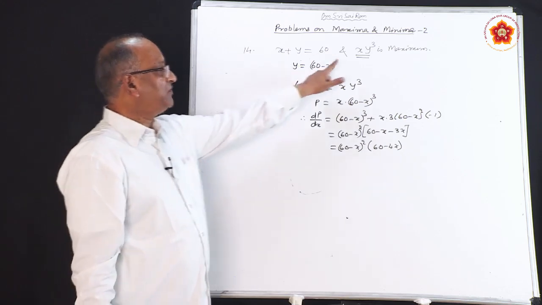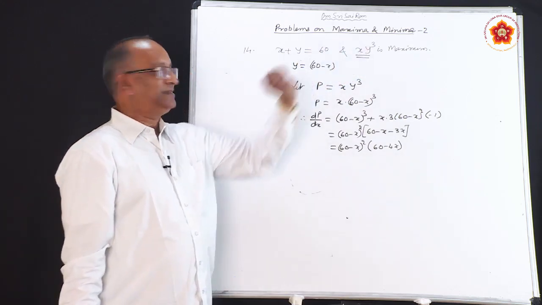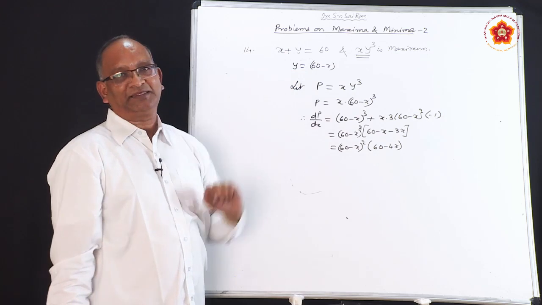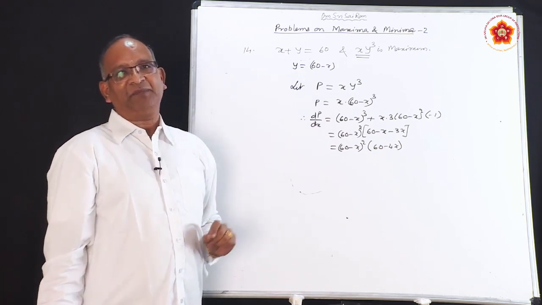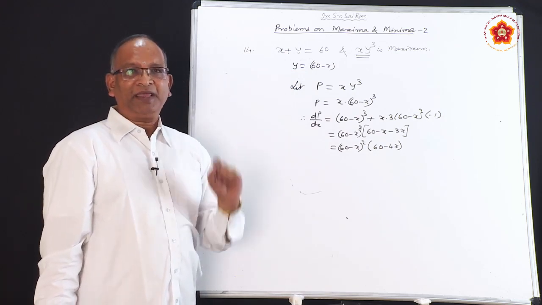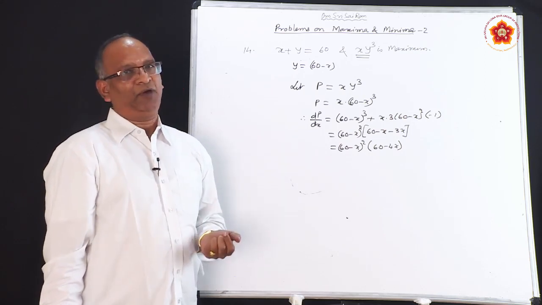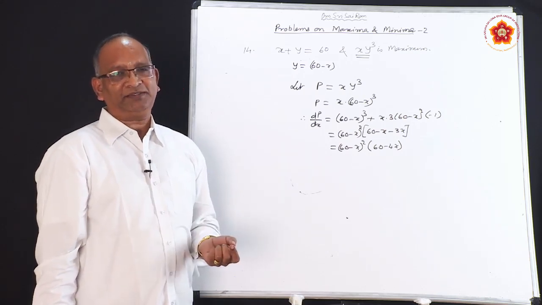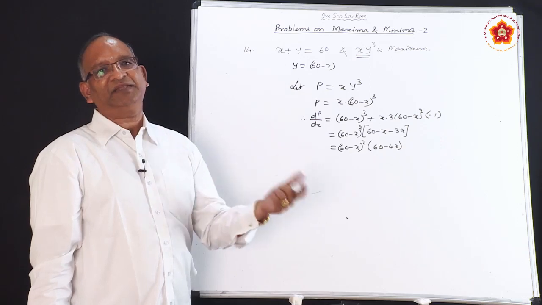He wants x y cube is maximum, means he wants p to be maximum. When can we say p is maximum? P can be maximum only at critical points. How do you find critical points? By equating first derivative with 0.